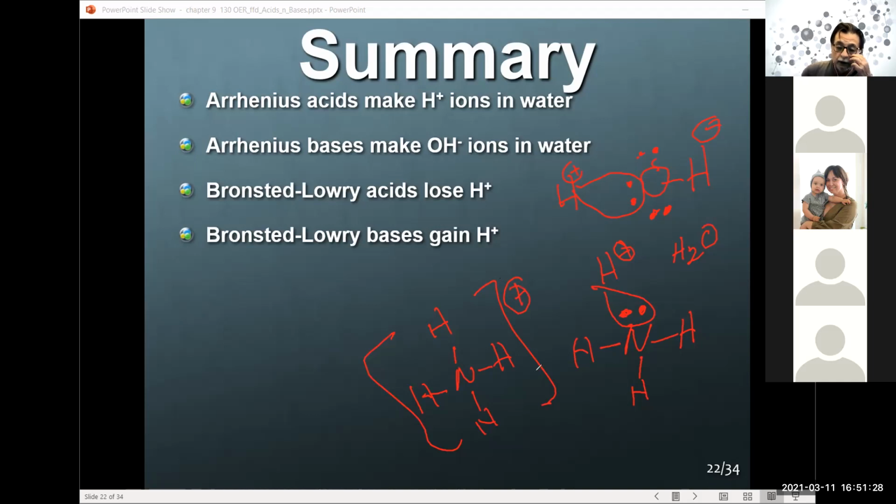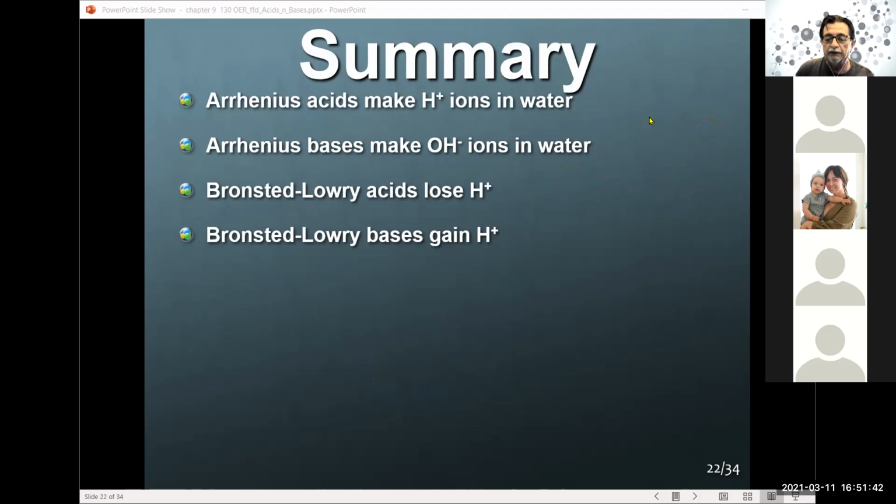So with respect to Bronsted-Lowry bases, it has nothing to do with hydroxide at all. It just expands the definition of bases to encompass more compounds that can act as bases.